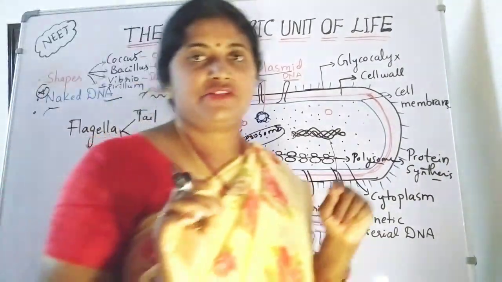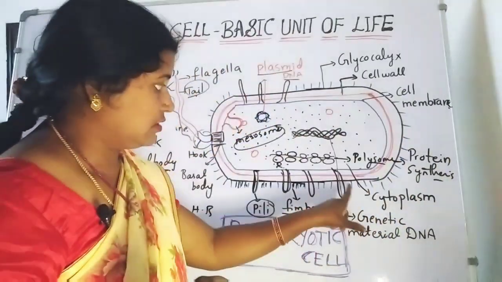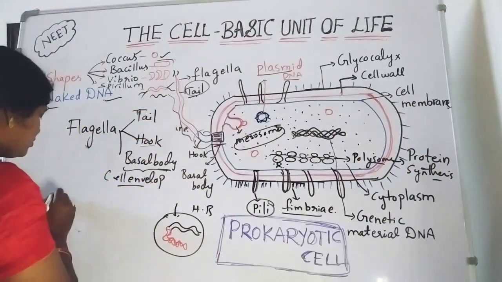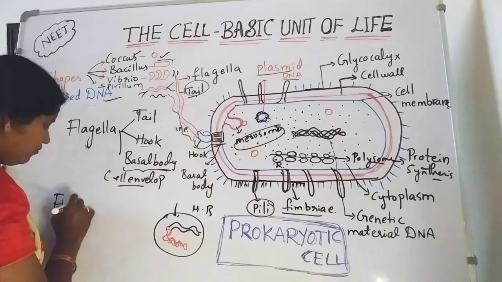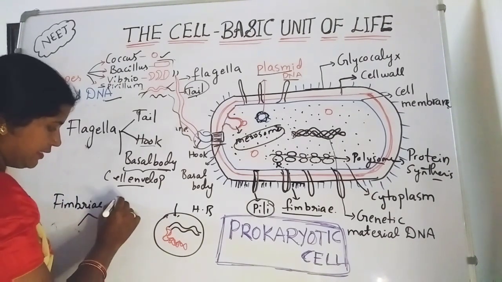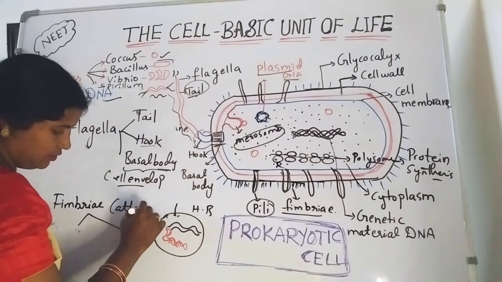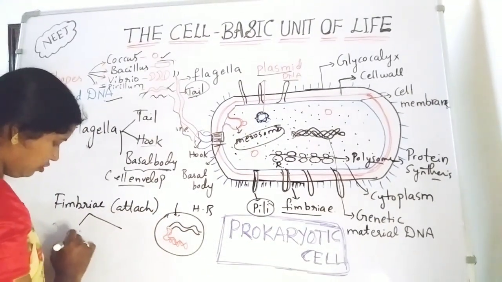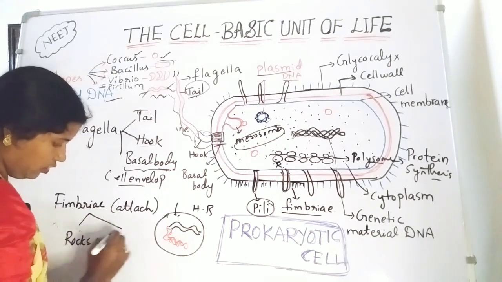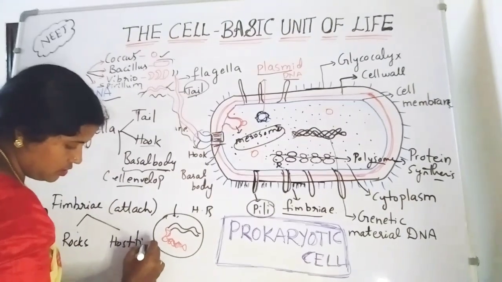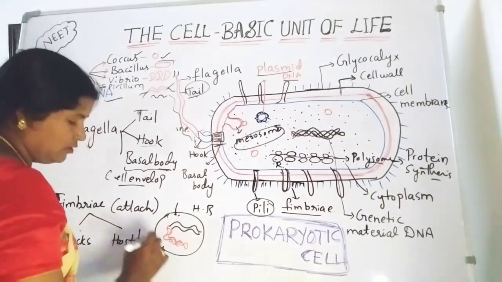Fimbriae are bristle-like structures. What is the function of fimbriae here? Fimbriae are for attachment. So it attaches to either rocks or host tissues.